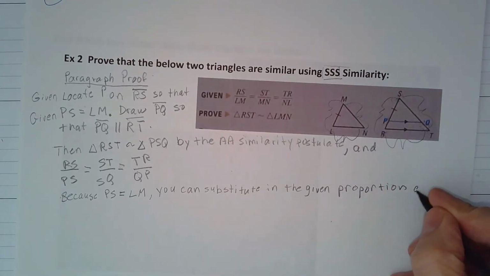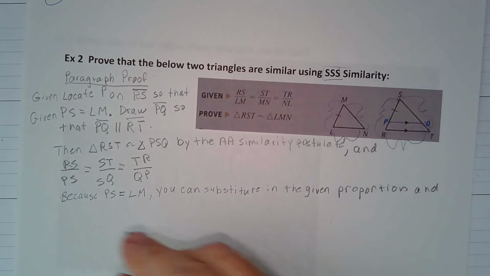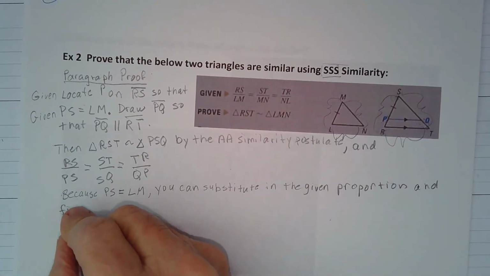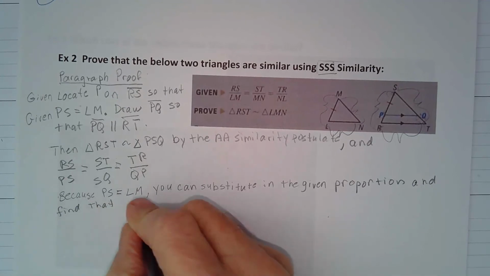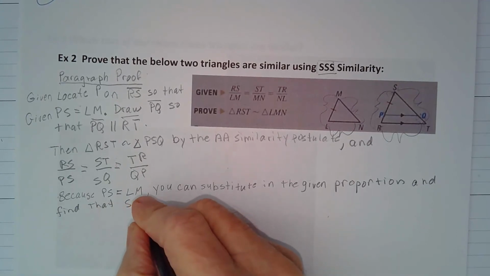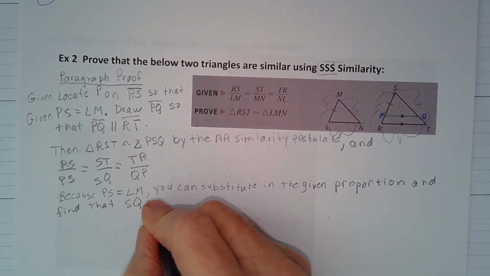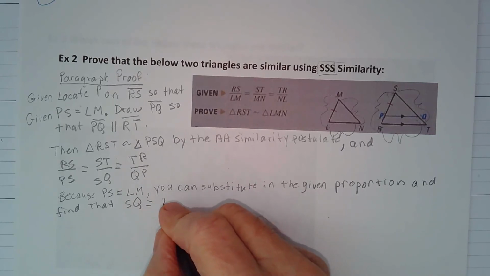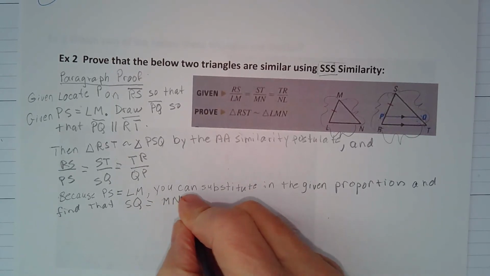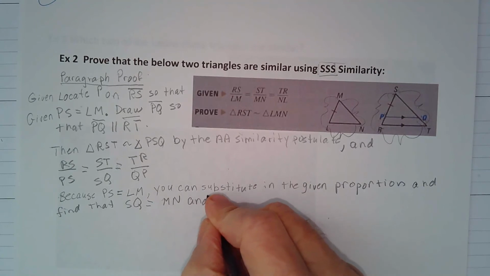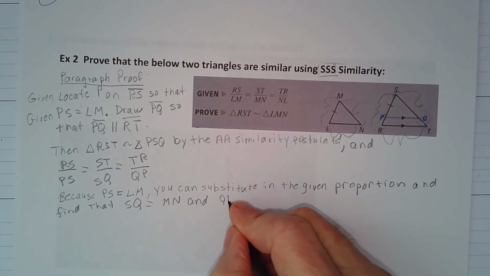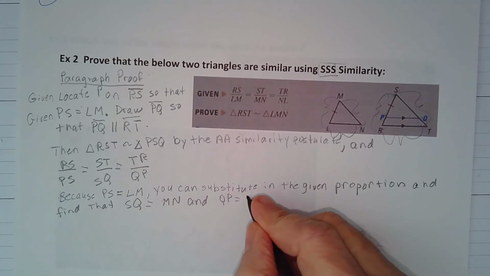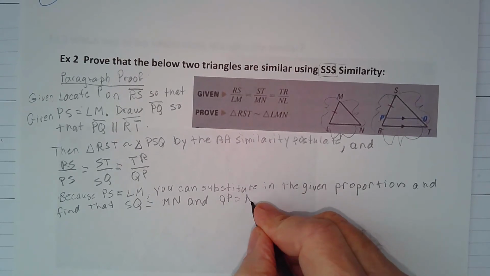And find that SQ, again, its length equals MN, and QP equals NL. Its length, QP, equals the length of NL.